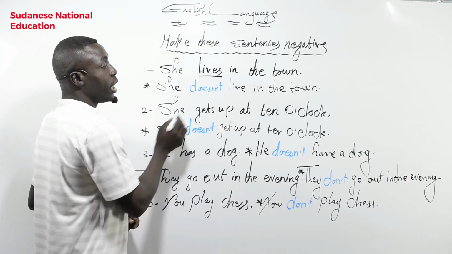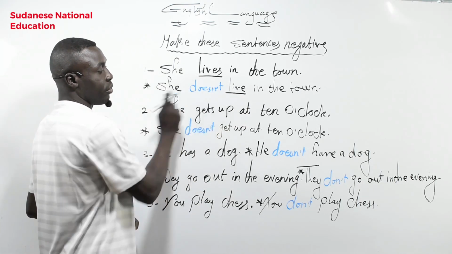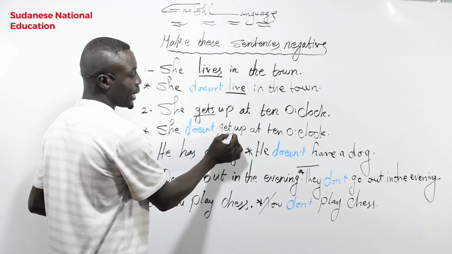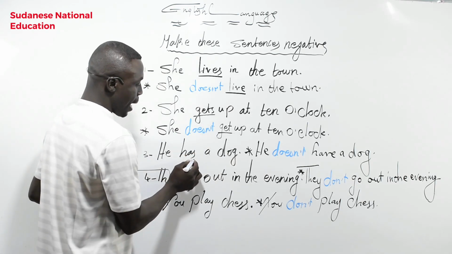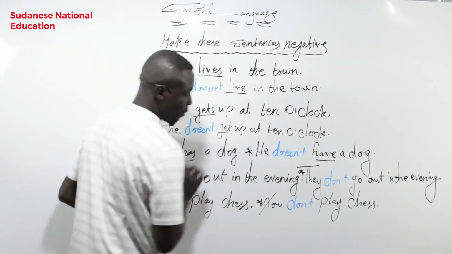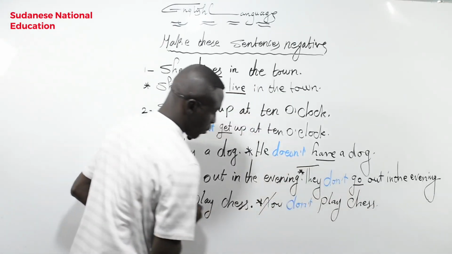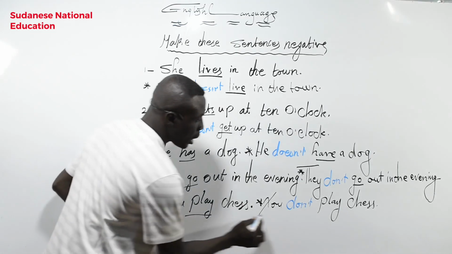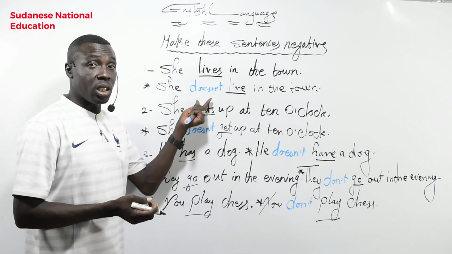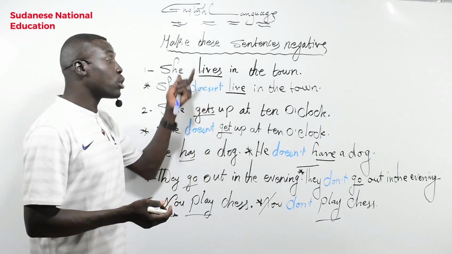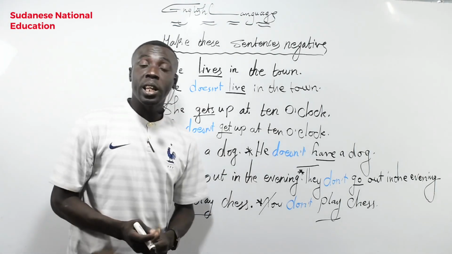Here in the negative sentence comes the infinitive: lives, live. Gets, get. Gets up, get up. Has, have. Goes, go. Plays, play. So when there is does in the negative sentence or in the question, the verb is always what? Always infinitive.